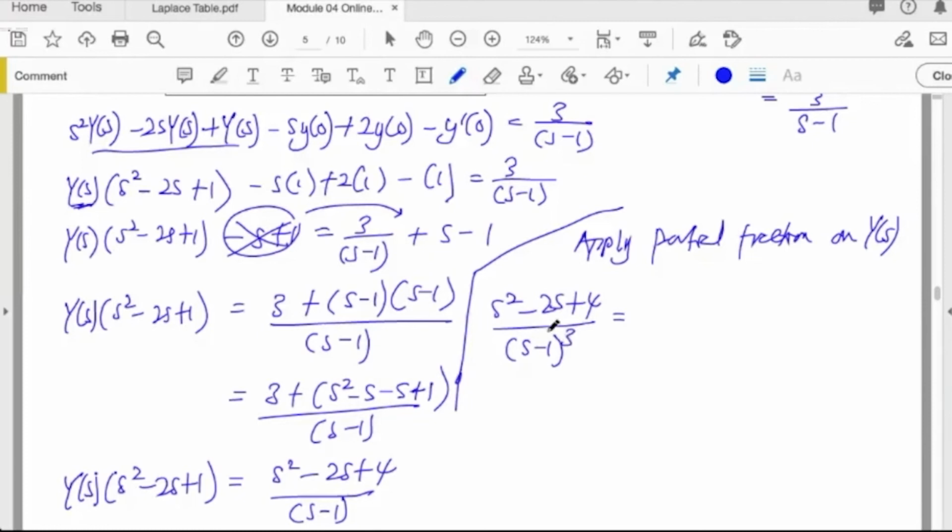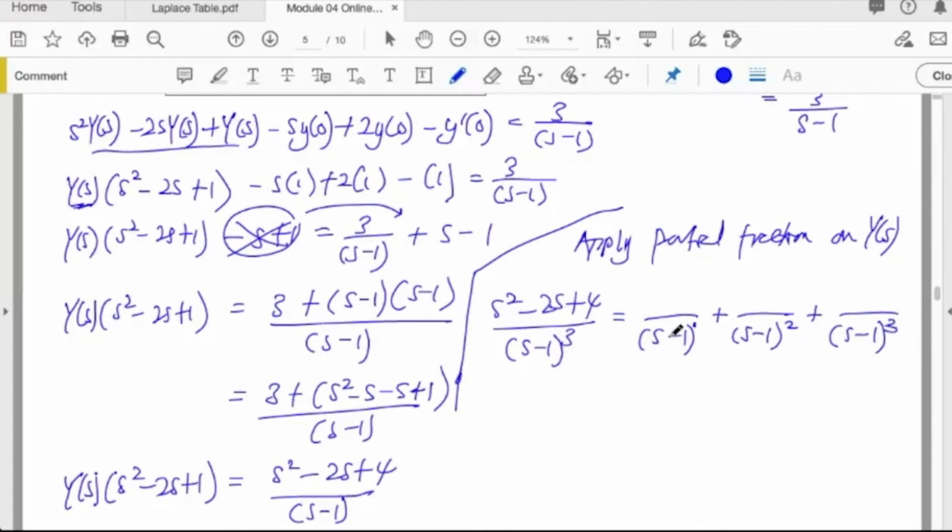For this denominator, the way we split it up is: the first part is A over (s minus 1) to the power of 1, plus B over (s minus 1) to the power of 2, and the third part C over (s minus 1) to the power of 3.